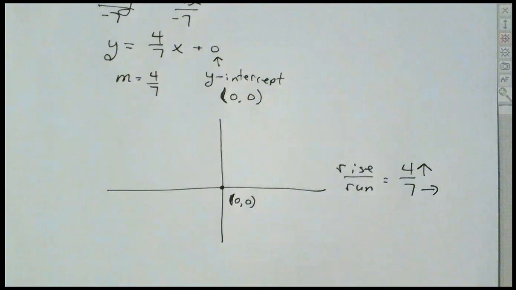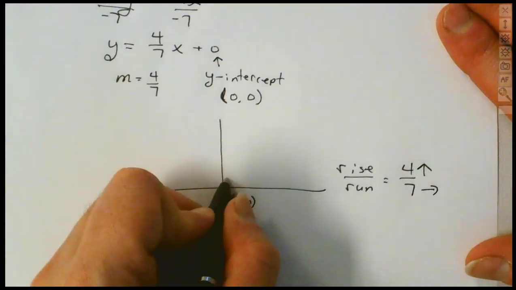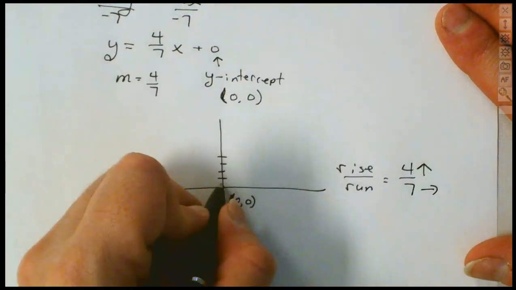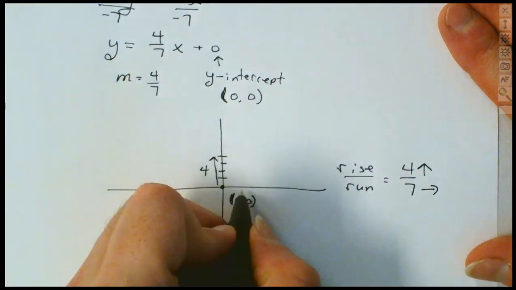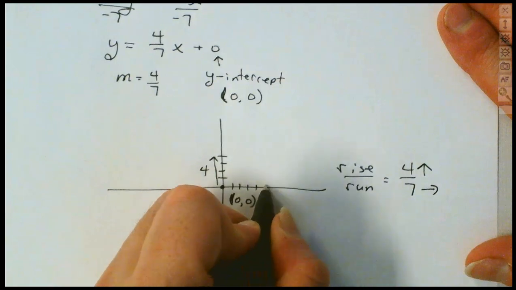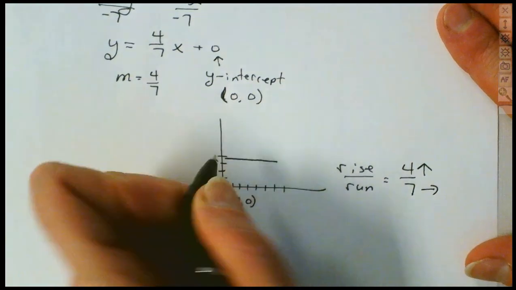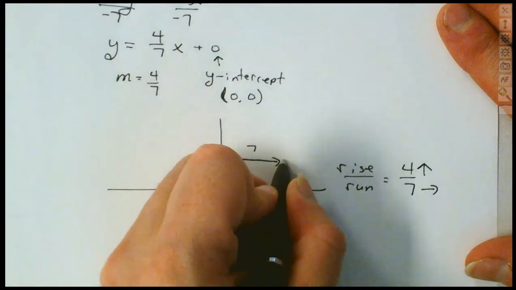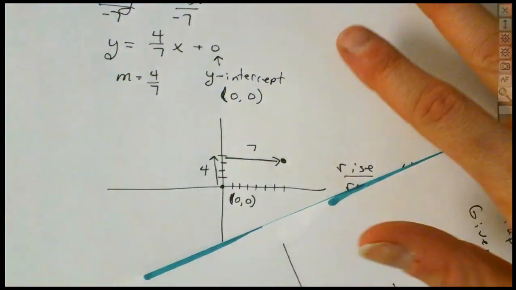We start at 0, 0, and we go up 4 and then over 7. So up 4, over 7, and we make our dot. There it is. Connect them together, and we get our line.